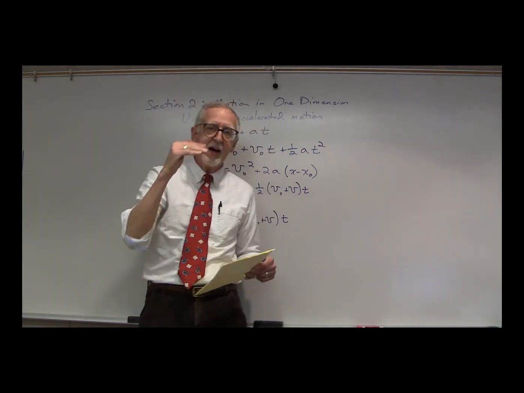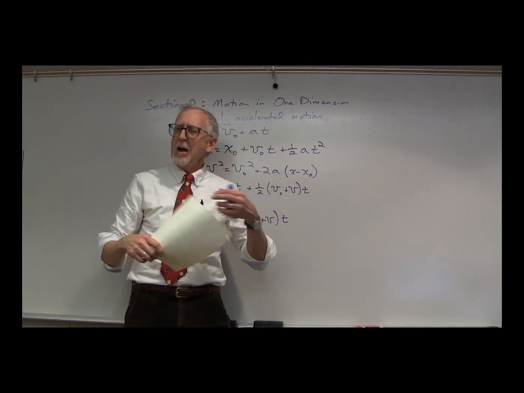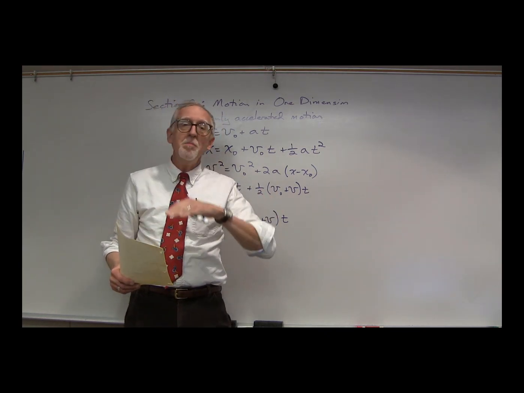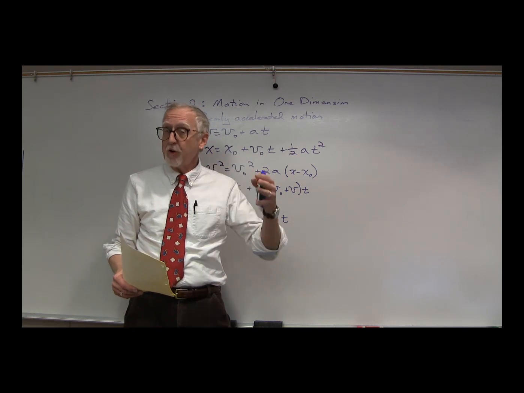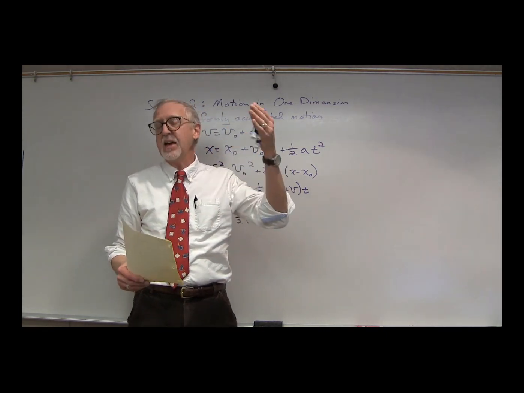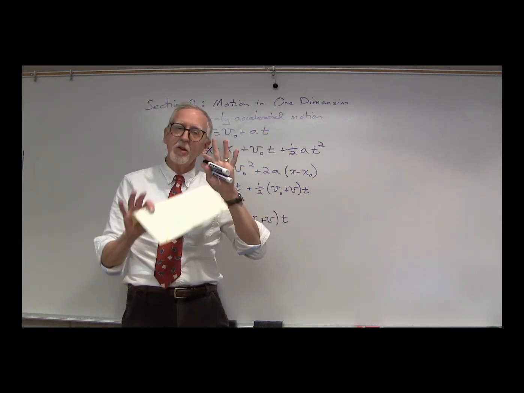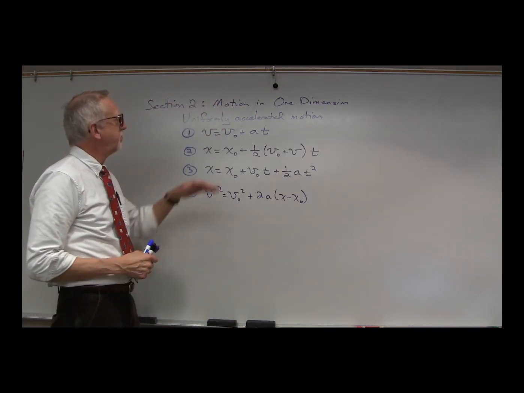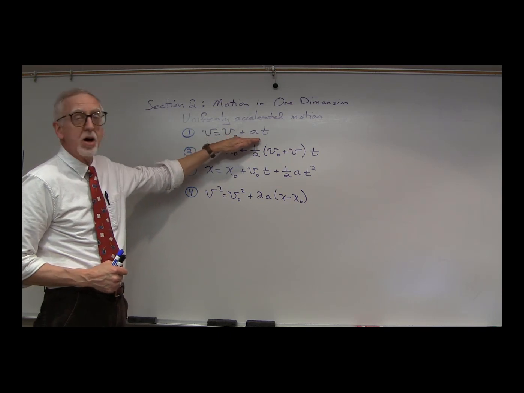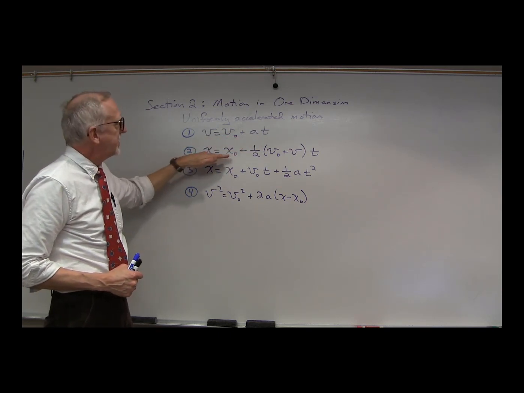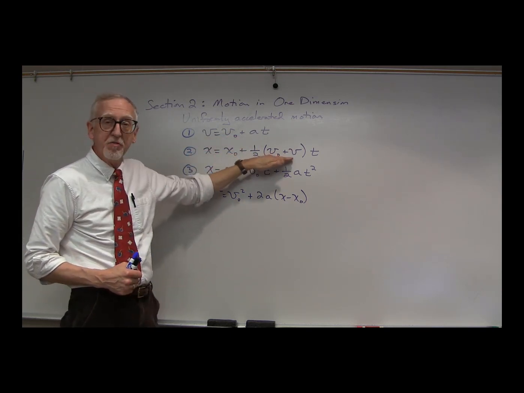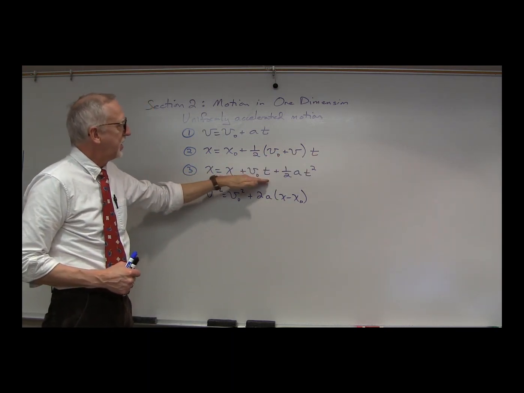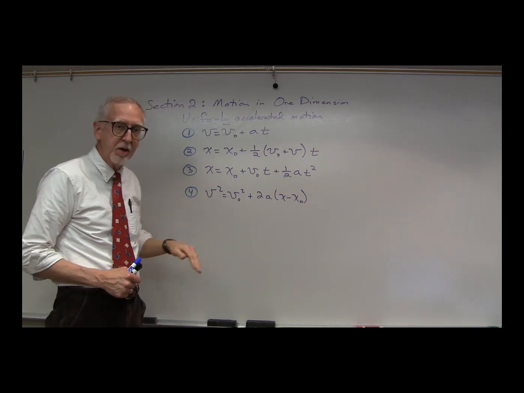I'm going to write these down in a particular order, not because there's anything special about this order, but if we remember them in this order, I can easily refer back to them by, say, number. Equation 1, equation 2, equation 3. So let me write those down like that. So what we have is v equals v naught plus at. x equals x naught plus 1/2 (v naught plus v) times t. x equals x naught plus v naught t plus 1/2 at squared.